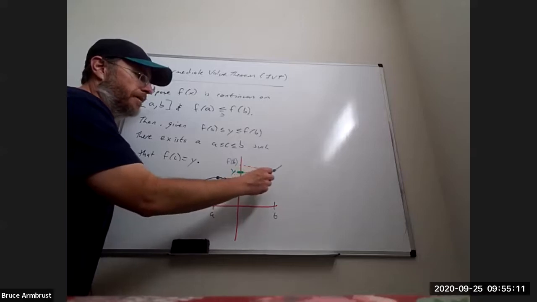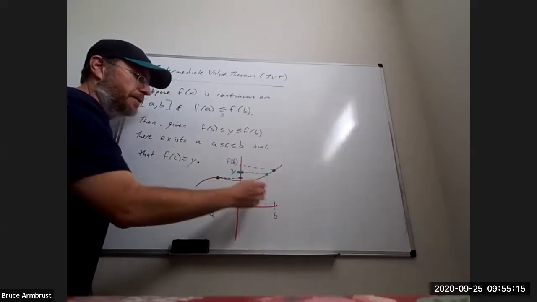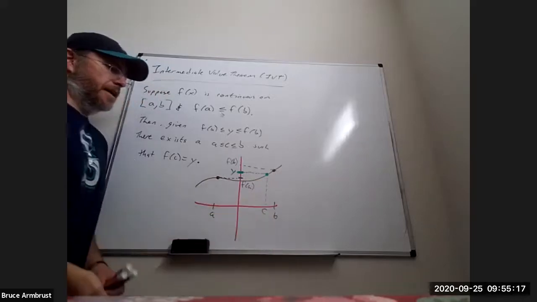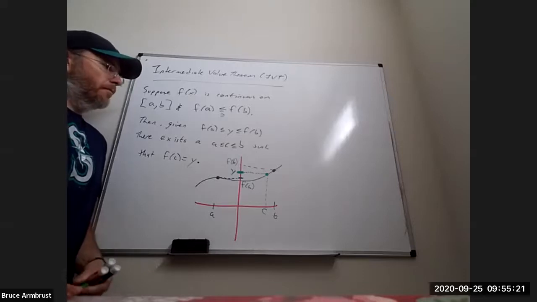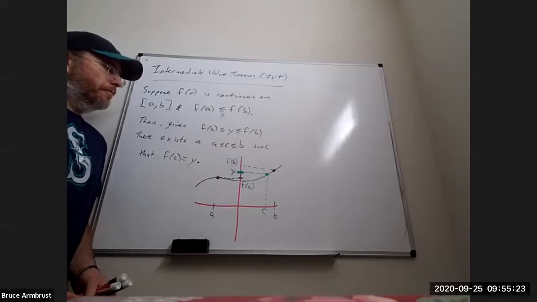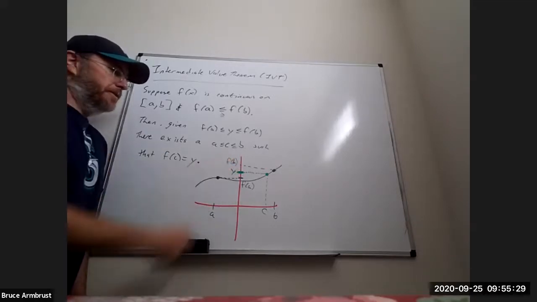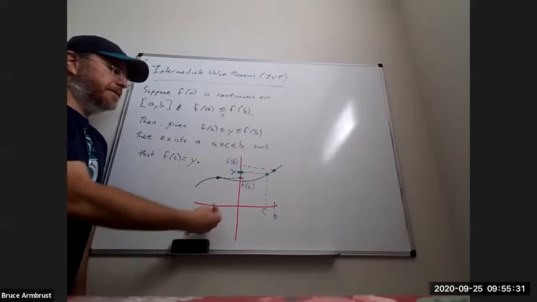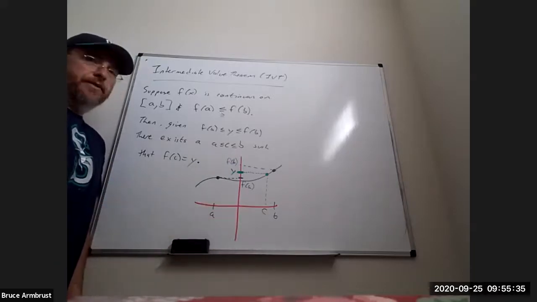Well, on my graph, here's a point that has that y value. This is that guy, C. So this theorem just says that given any value in between those, I'm going to find somewhere in this interval where I get that same y value.